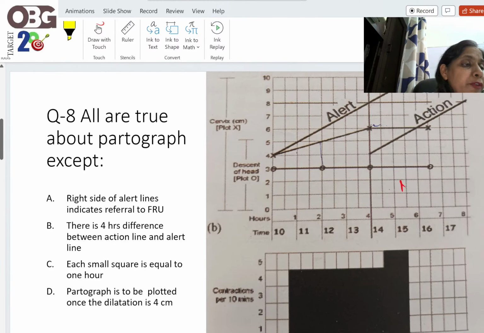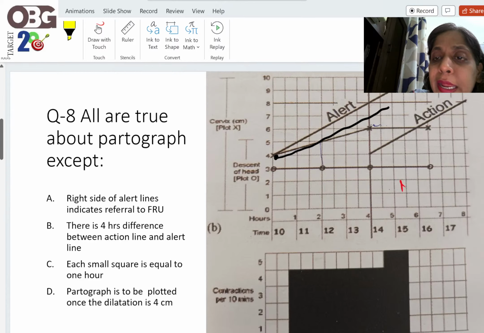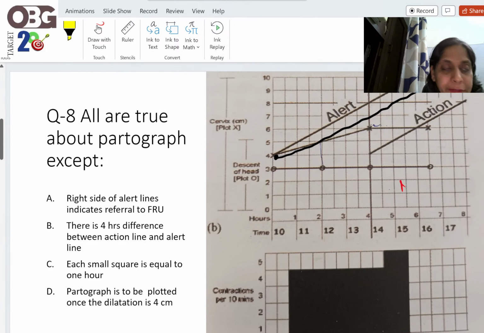This is also one of the recalls of NEET PG 2023. Some students said that this question came. Forget about this line, I'm drawing a new line. The labor started from 4 centimeter and went till 10 centimeter, fully dilated.